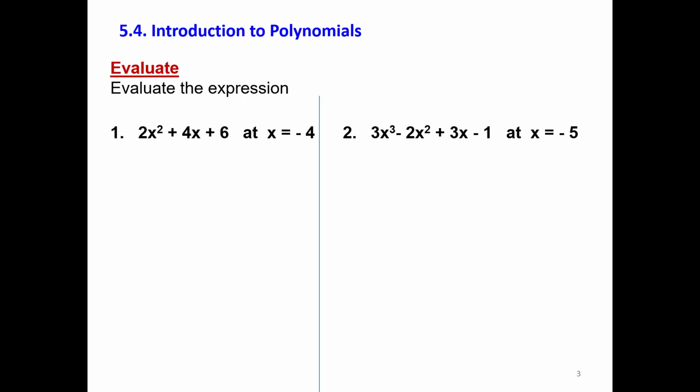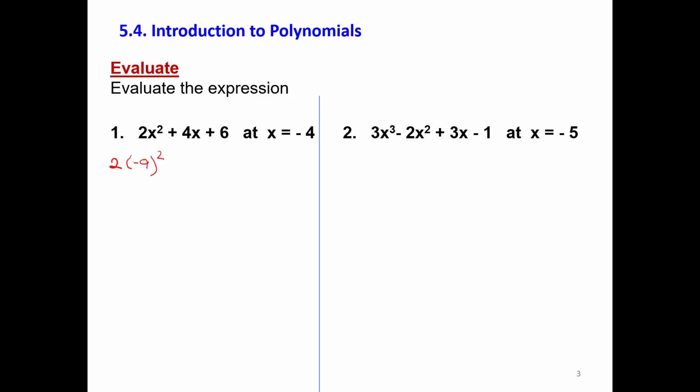If we have this polynomial and we want to evaluate when x equals -4, we need to replace x by this value, by -4. What I suggest is to replace the x by parentheses and write the number inside.